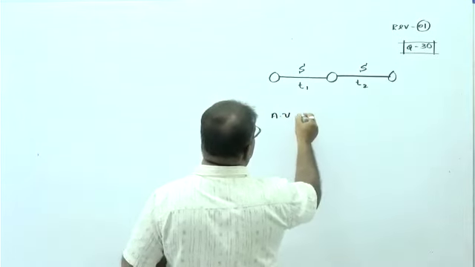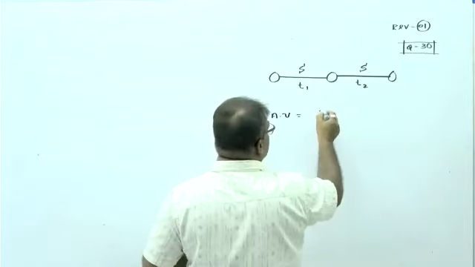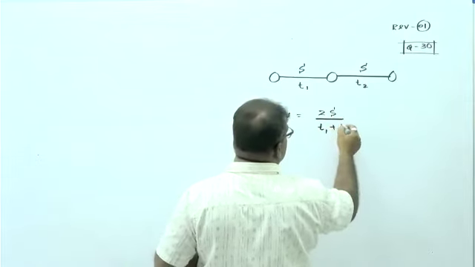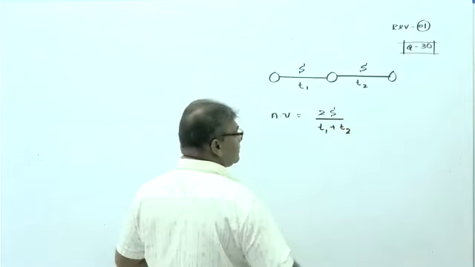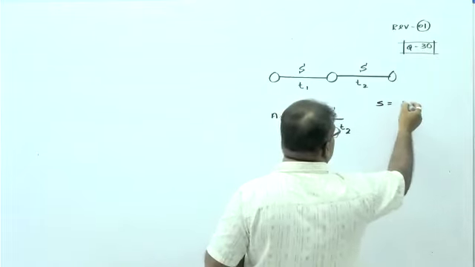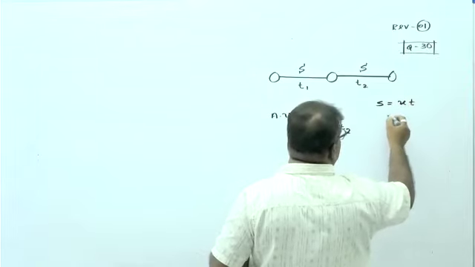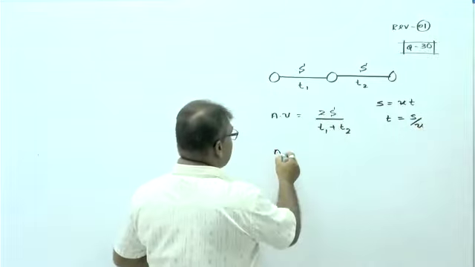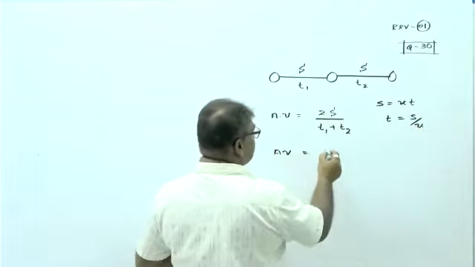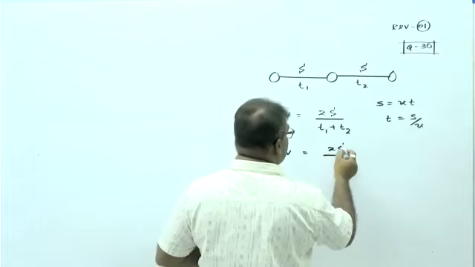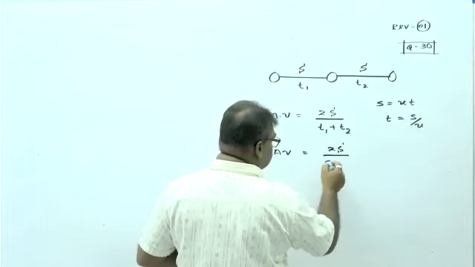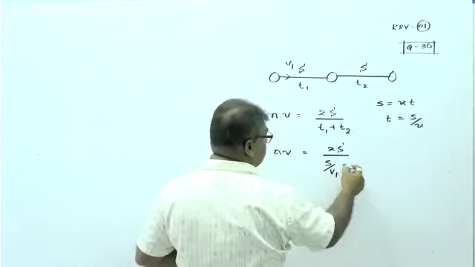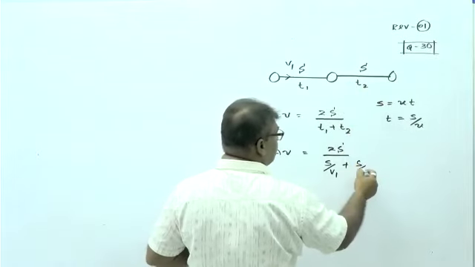Average velocity is written as total displacement divided by total time. As constant velocity is maintained, time is distance by velocity. Then average velocity is written as 2s over t1, s over v1 plus s over v2.